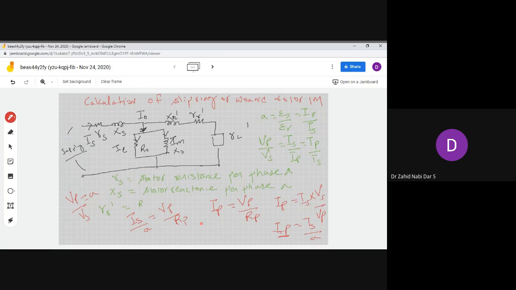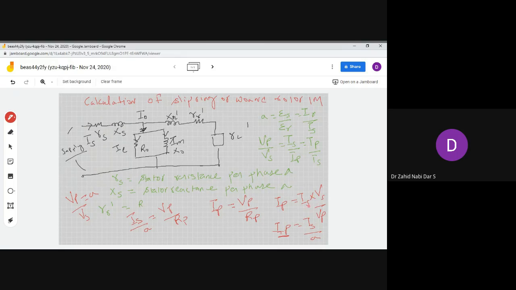These are the things that we have to substitute there. And we know that if we are referring to the primary side, then we have to divide by A square. If we are referring to the secondary side, then we have to multiply by A square. The reason is this particular thing we have to substitute.